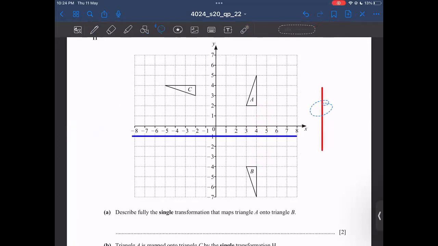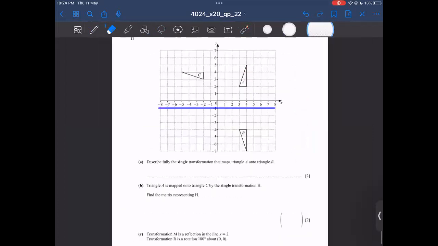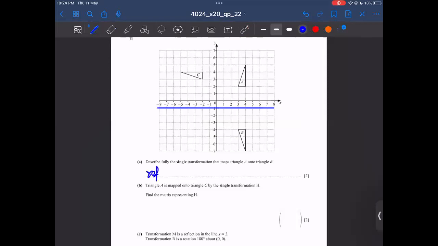The distance should be the same from the object to the reflection line and from the image to the reflection line. It should be the same, 3 units, 3 units. All right. So I'm going to say this is the reflection, y equals -1.